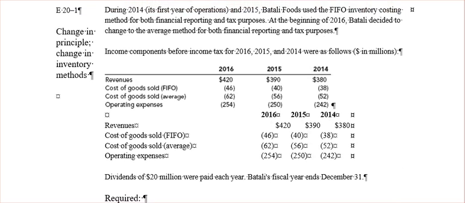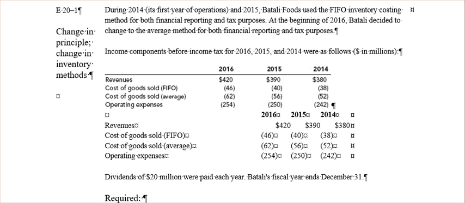Now, actually, as I said previously, when you have these inventory type things, you realize you're going to have to go back and change your beginning inventory numbers in your balance sheets for those years too. So they're not having you do balance sheets, but you have to understand the balance sheet is going to change, the inventory numbers are going to change, and your income statement is going to change for cost of goods sold.